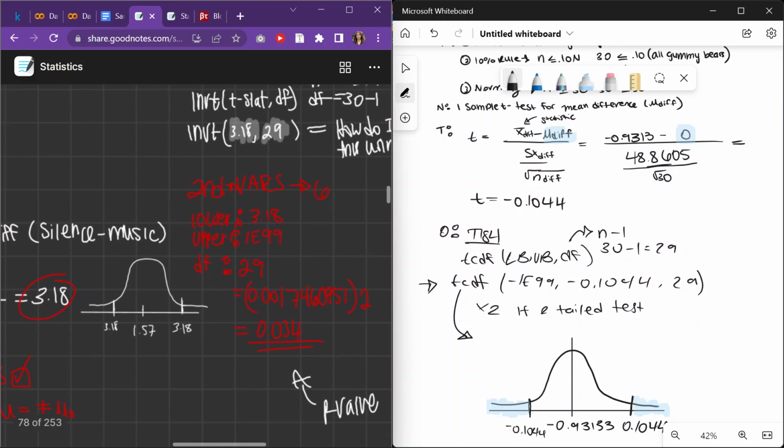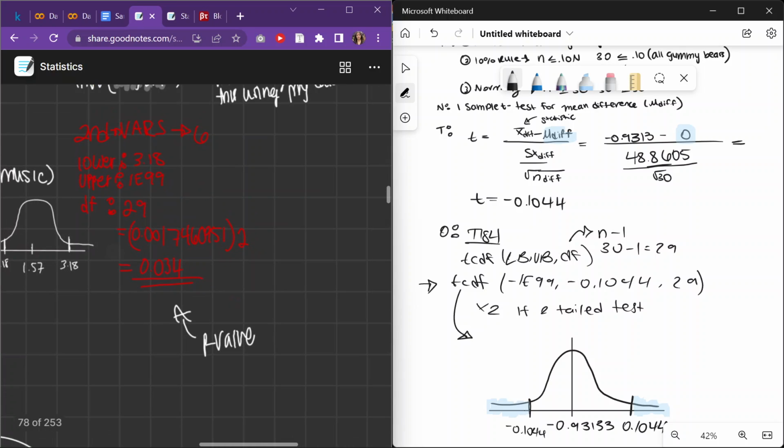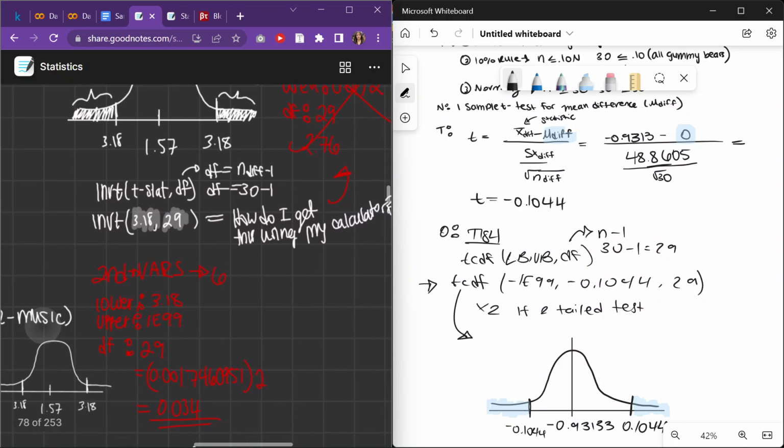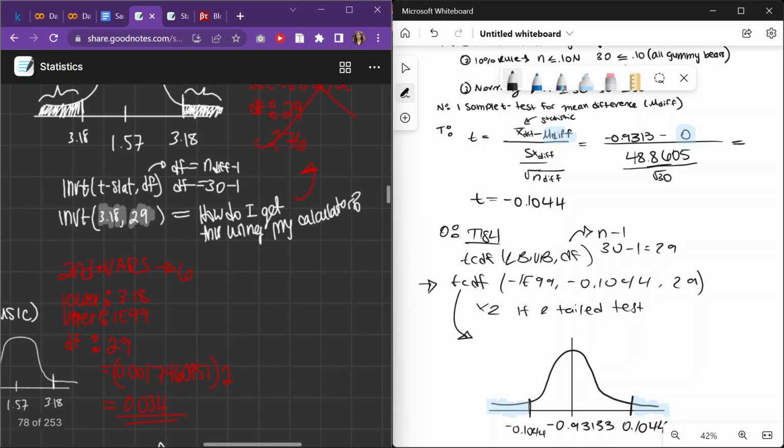P-value. Lower, upper. Oh, because it was positive. Because the T statistic was positive.